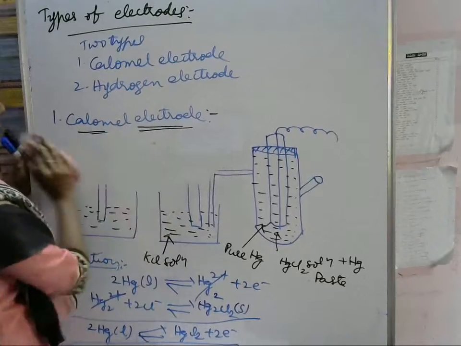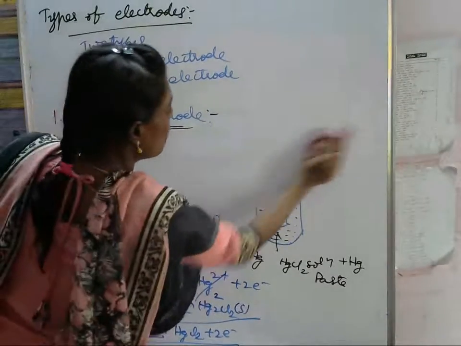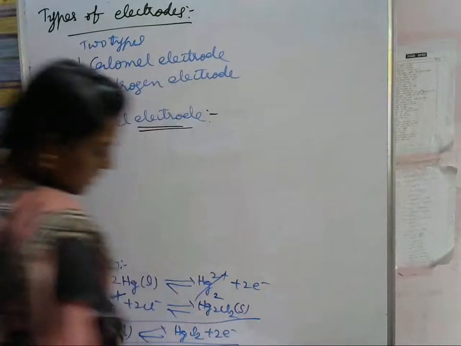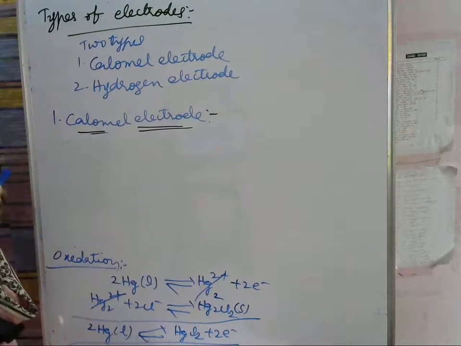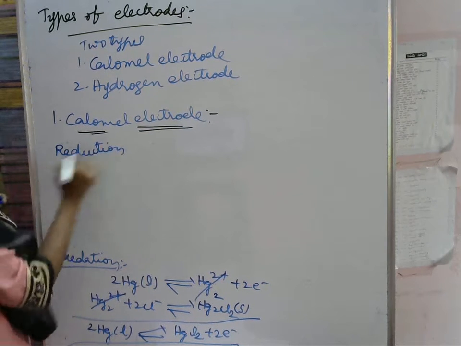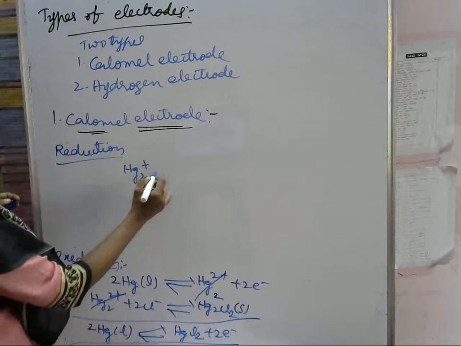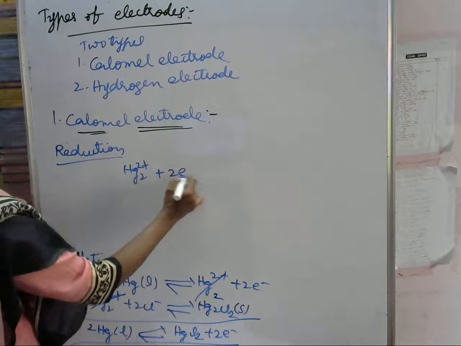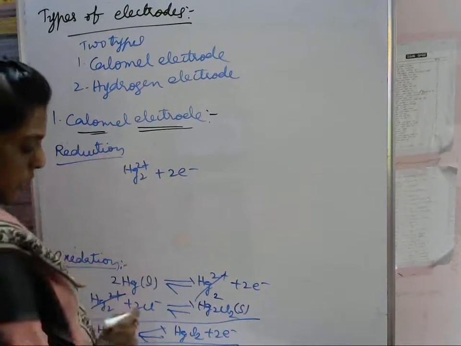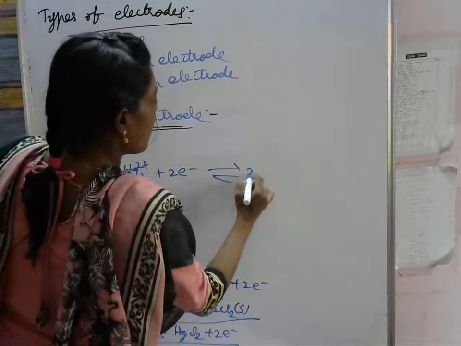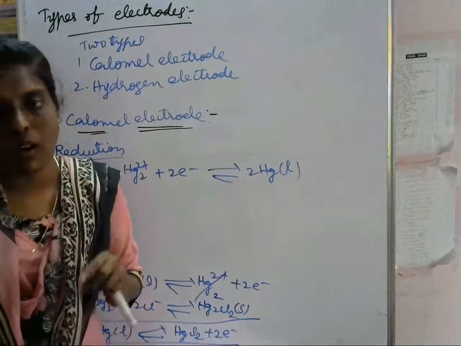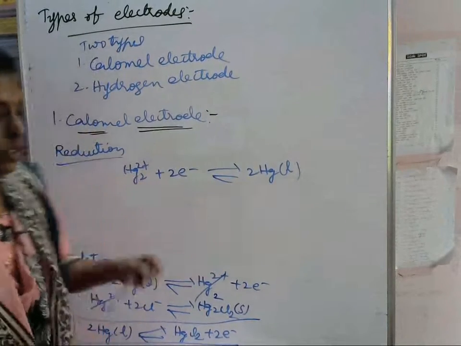Next one, the reduction process. So here in reduction, this Hg2 2+ accepts electrons and is converted into 2 Hg, which is a liquid, because pure mercury is in liquid form, right?